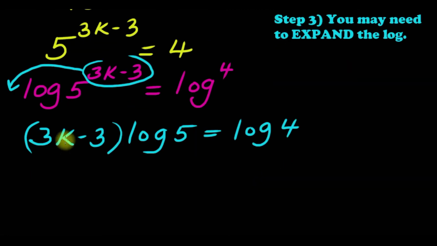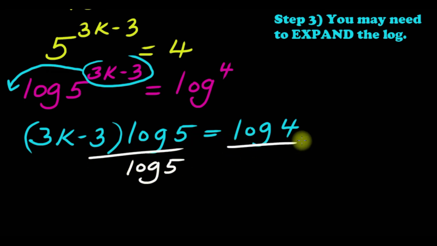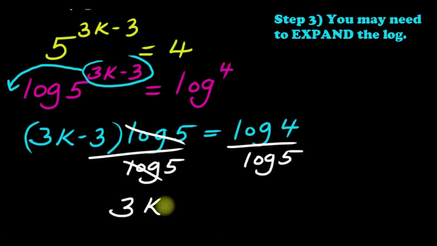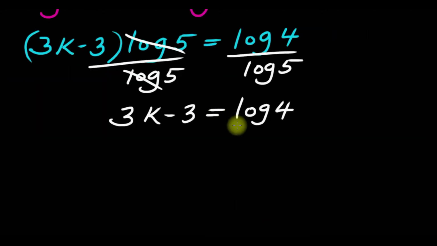Okay, then to solve for k, I would have to get rid of log 5. So I can do that by dividing by log 5. So here divide by log 5, here divide by log 5. So these are gone, so you're left with 3k minus 3 is log 4 over log 5.